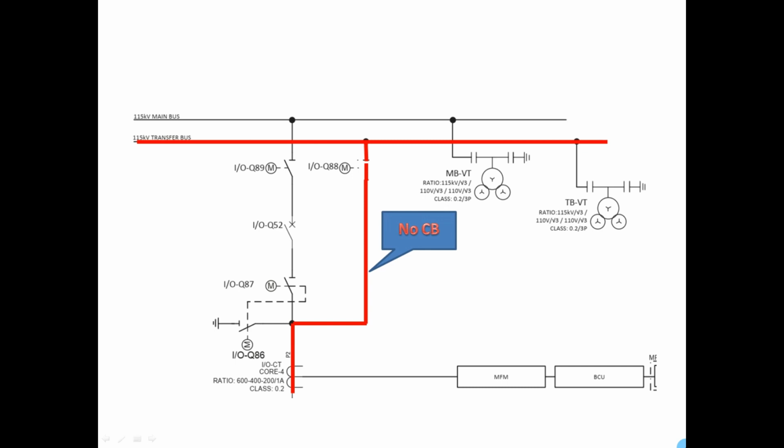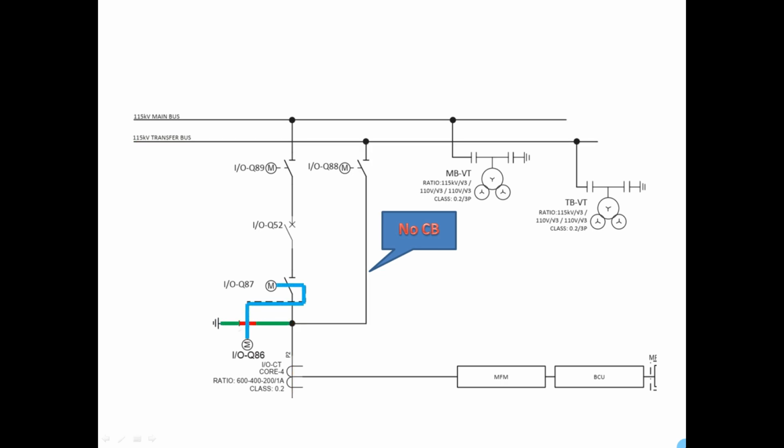So from this SLD it is clear that the incomer can be connected either to the main bus or the transfer bus, and we have two VTs, one connected to the main bus and another connected to the transfer bus. And if you see Q87, it has a mechanical interlock with Q86, which is our earth switch.